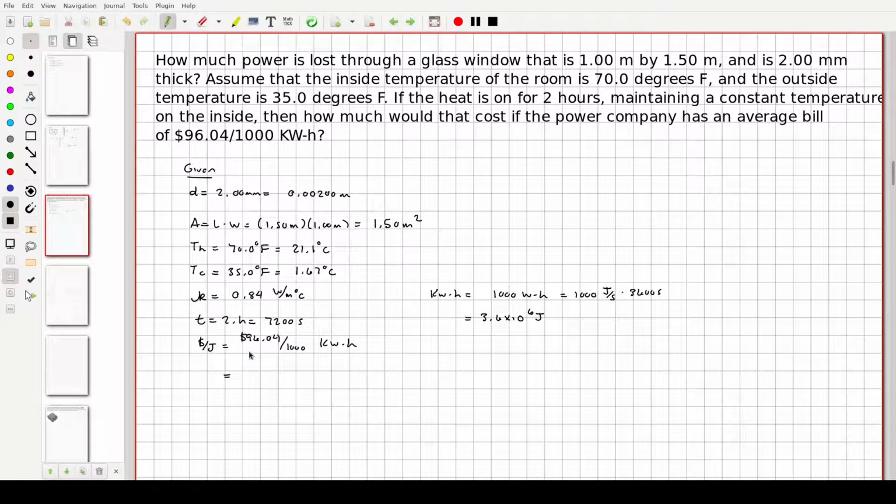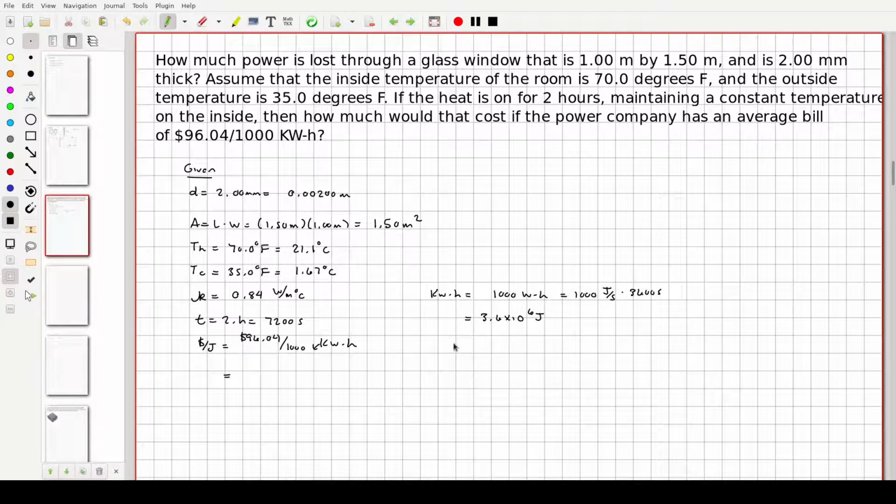And then I have to divide that by 1,000. So this is approximately, that doesn't look right. Oh, the kilowatt hour is in the denominator. It's 96.04 per 1,000 kilowatt hours. Sorry about that.